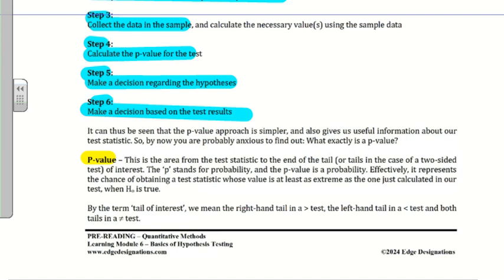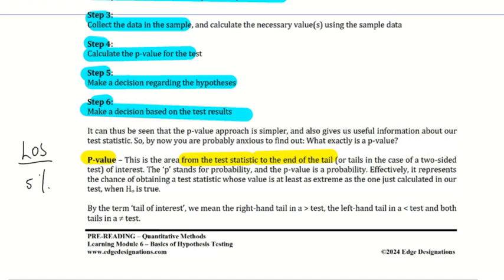The p-value is really just working with hypothesis testing the other way around. It's the area from my test statistic to the end of the tail. I'm just going to give you a general way of looking at p-values. If I'm working with a 5% level of significance, what do I always want for my p-values?